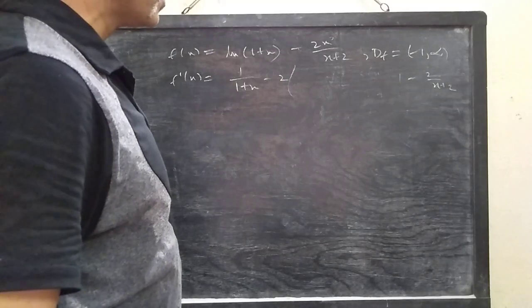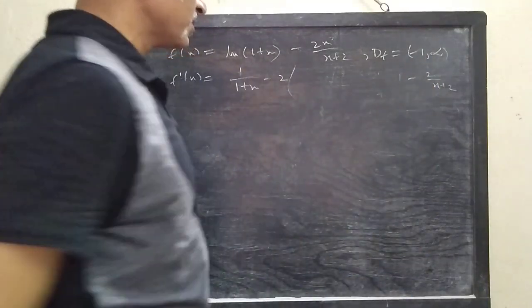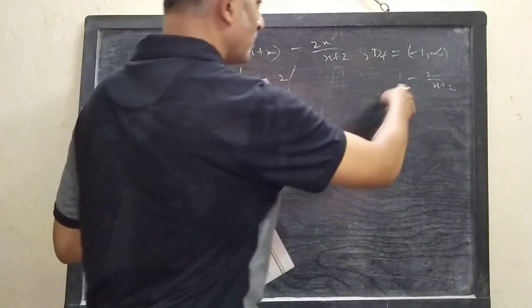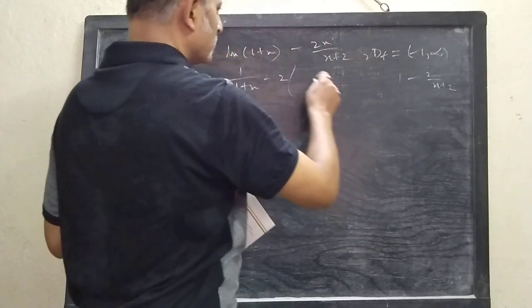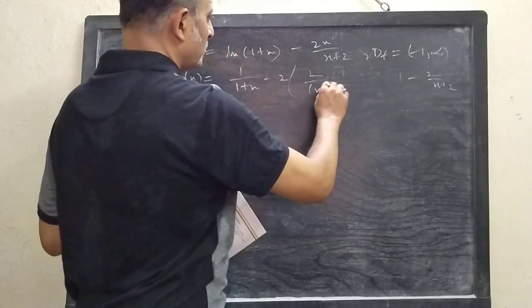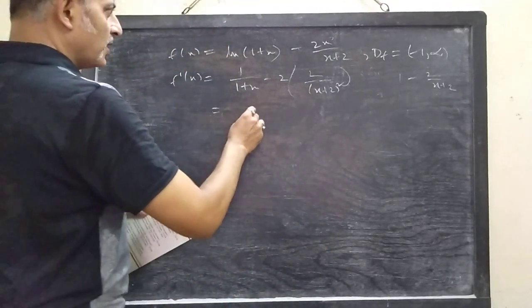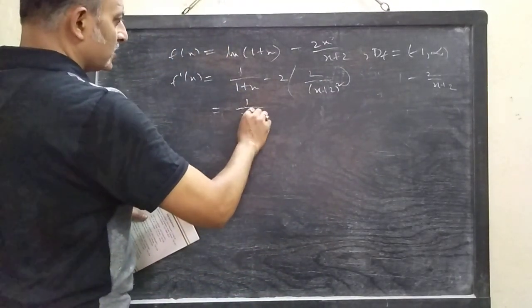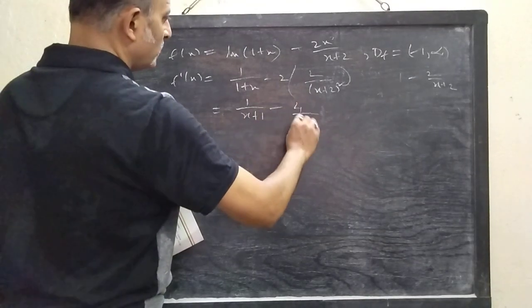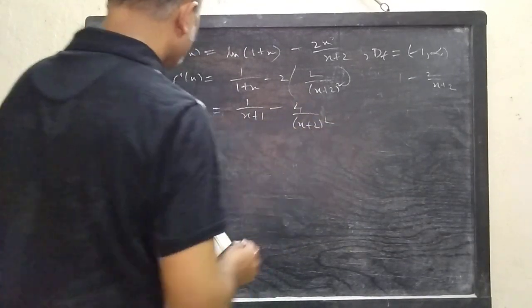So x plus 2 by x plus 2 is 1, and minus 2 by x plus 2. Now the derivative of 1 will be 0, so this will be 2 by x plus 2 whole square. So you get ultimately 1 by x plus 1 minus 4 by x plus 2 whole square.